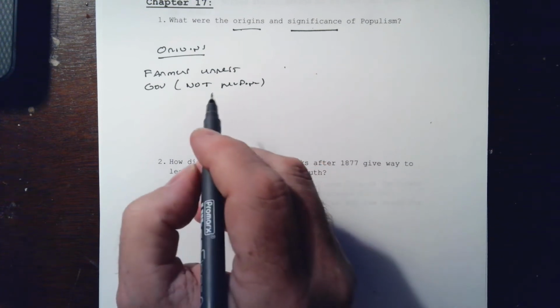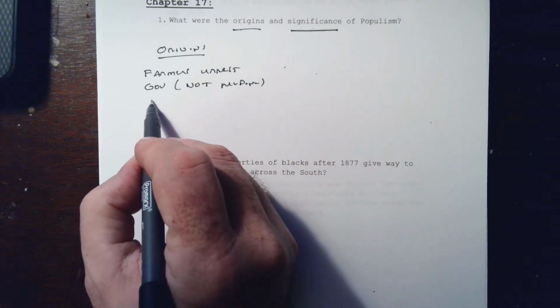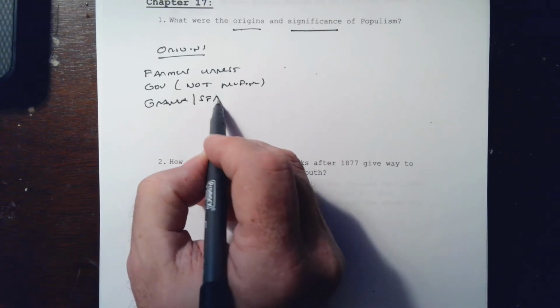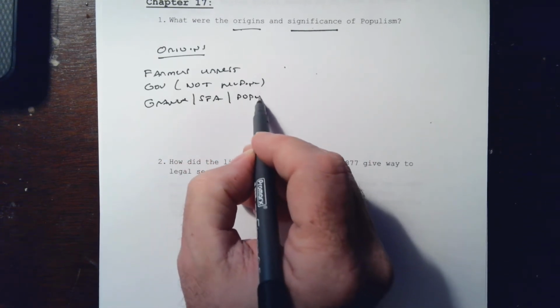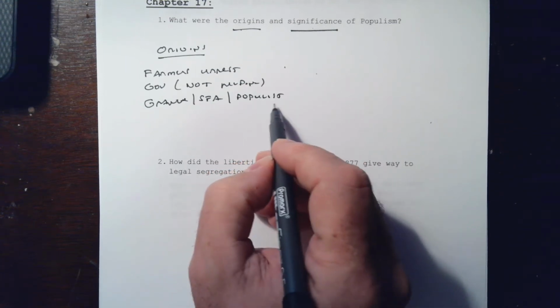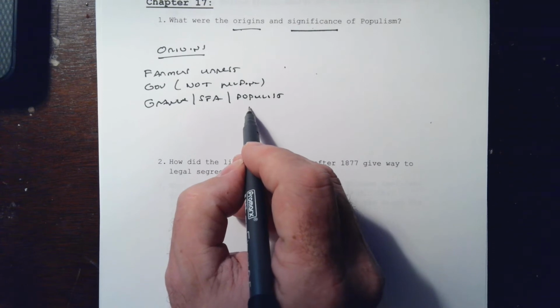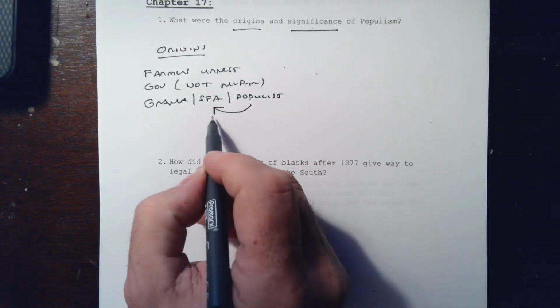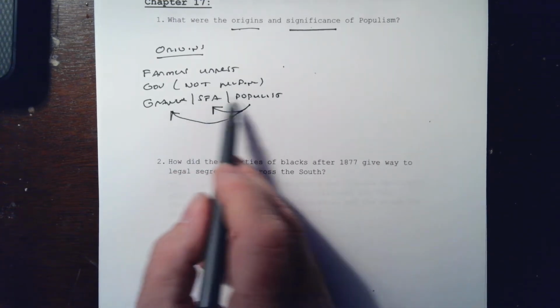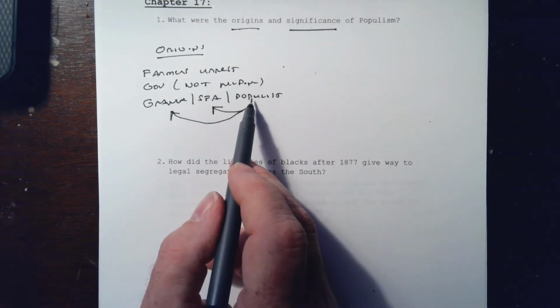You also want to identify the Grange, Southern Farmers Alliance, and the Populist Party. And this populism has to coincide with you at least acknowledging the Southern Farmers Alliance and the Grange, because essentially they're all going to end up asking for the same thing.